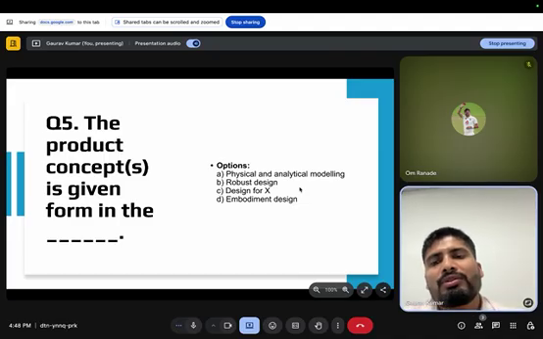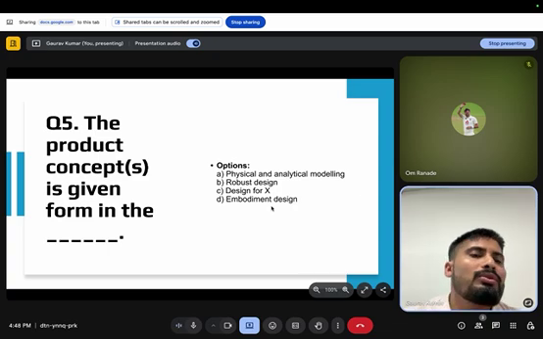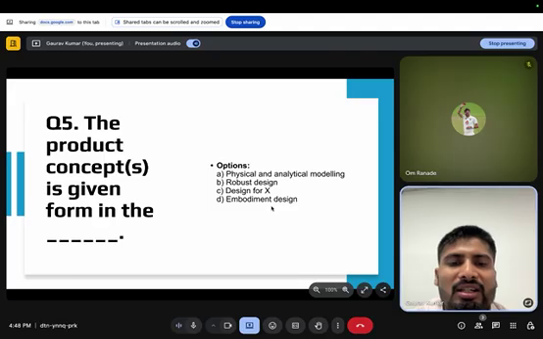Okay. So embodiment design is the stage. Question number 5, right? So embodiment design is that stage where the abstract product concept transitions into tangible engineering forms.